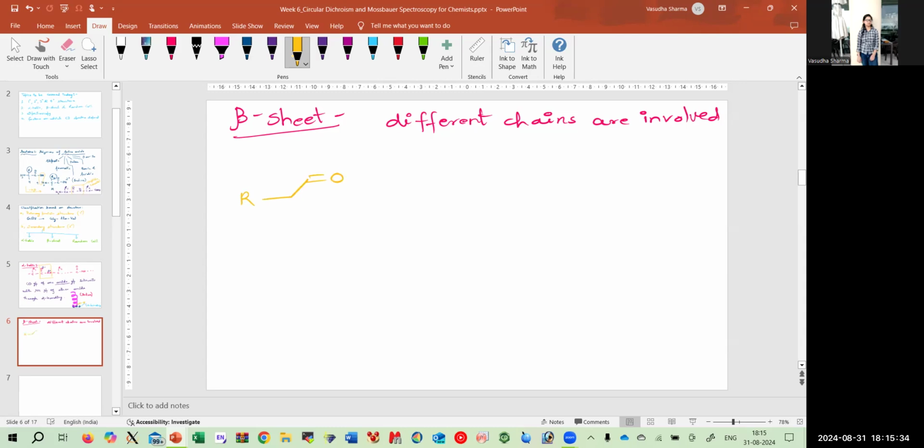Say for example, we have C double bond O group here and NH group here, and this NH group is further connected to C double bond O, that amide ring and the R, right?